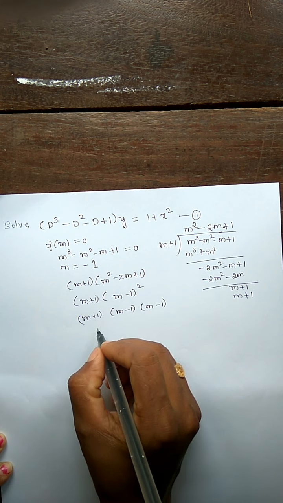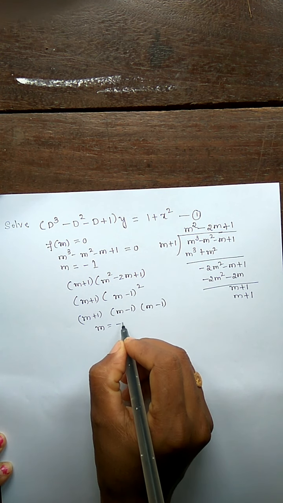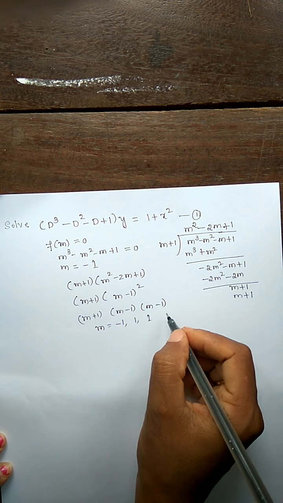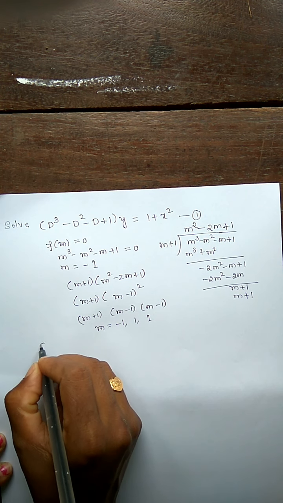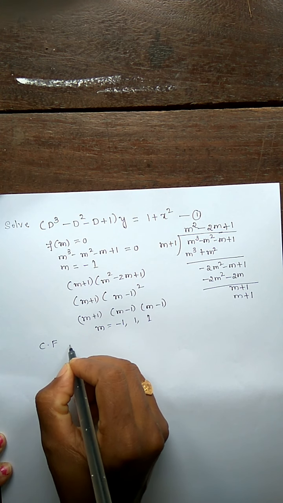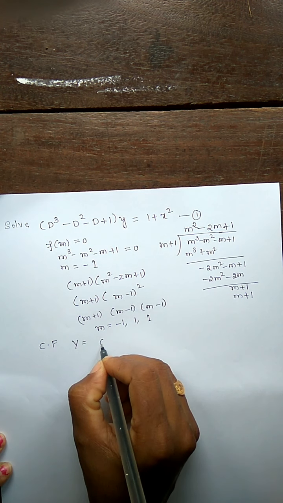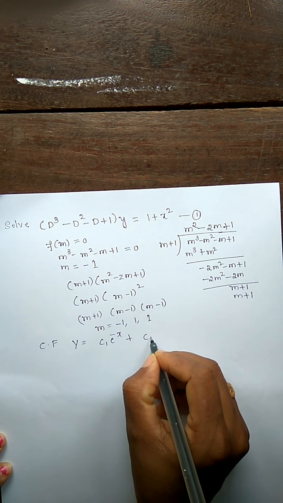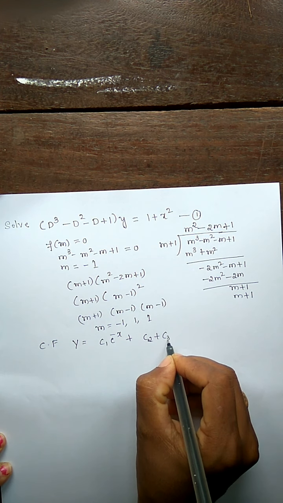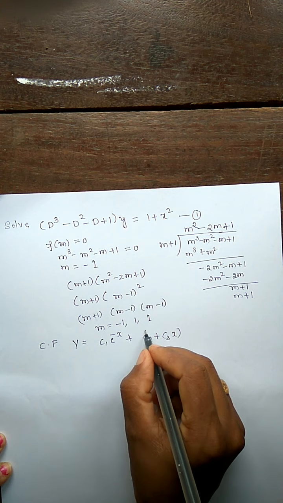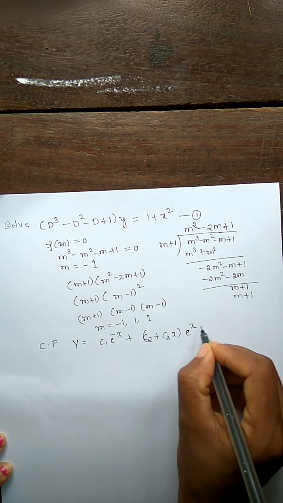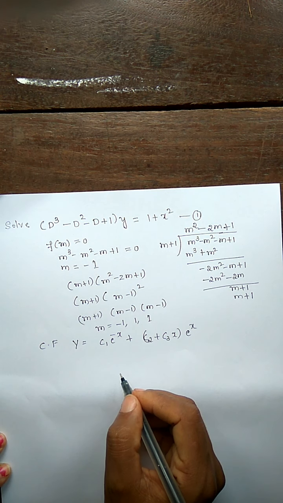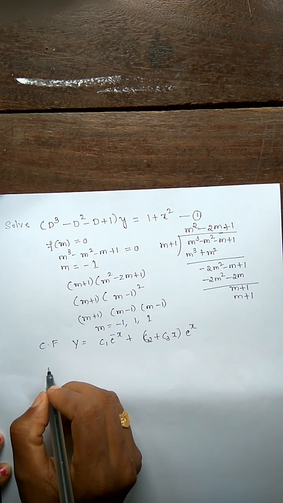The roots of the auxiliary equation are m is equal to minus 1, 1 and 1. Therefore the complementary function can be written as y is equal to c1 e power minus x plus (c2 plus c3 x) into e power x, where c1, c2 and c3 are arbitrary constants.